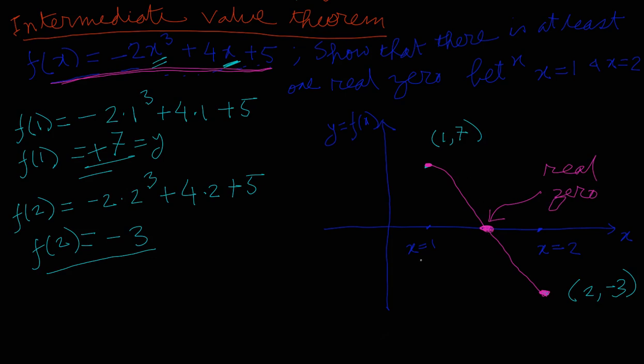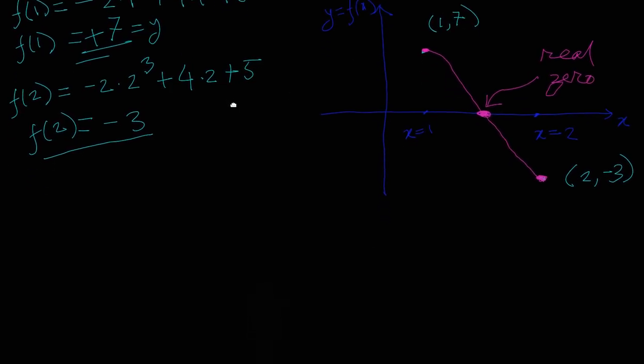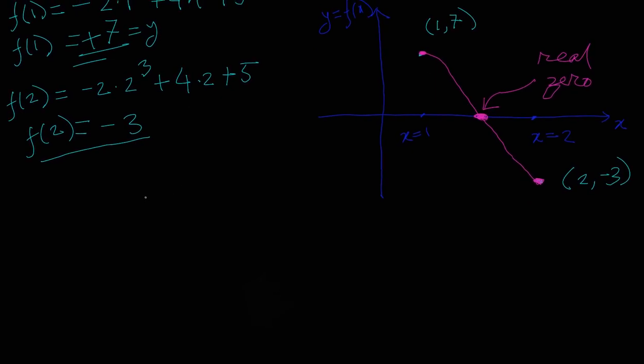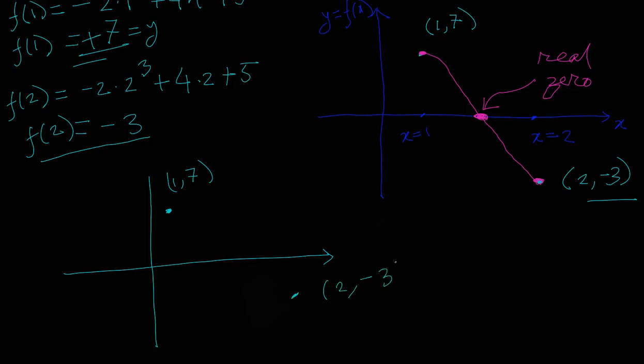Now for the sake of argument, let me try to draw this graph again. Okay, the same graph. So I have my point here, 1, 7, and I have another point which is 2, -3. So let's say 2, -3 is somewhere here.